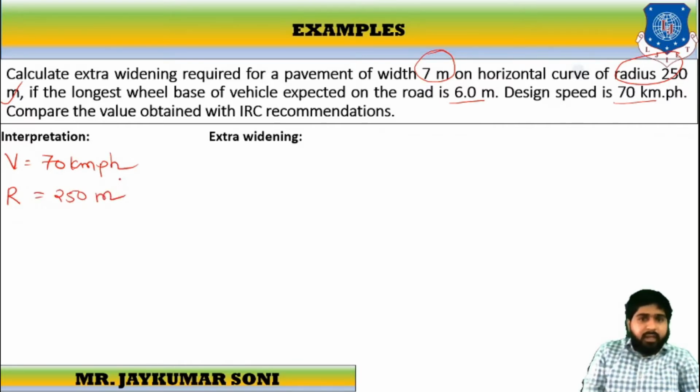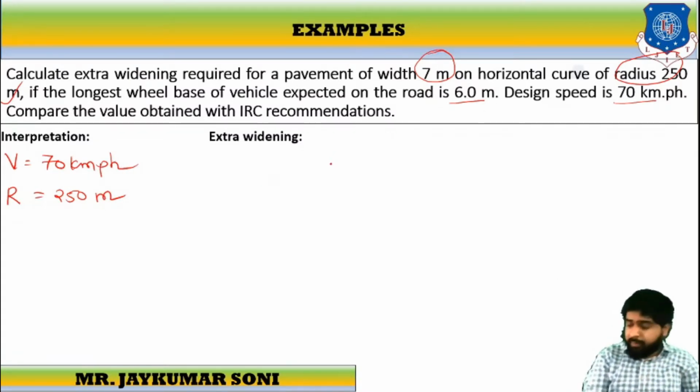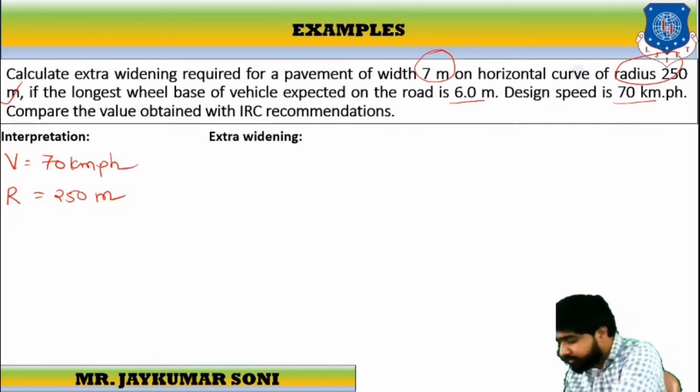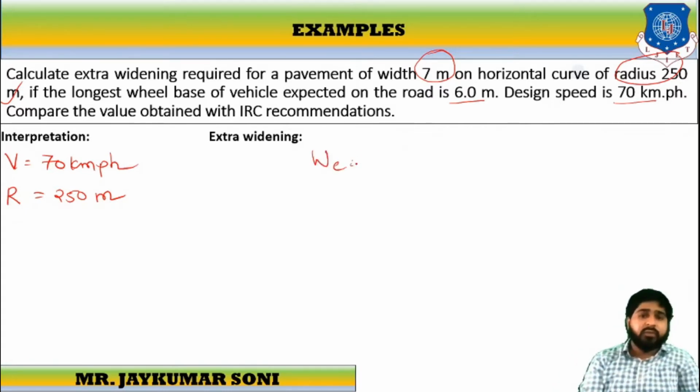250 meters. Now the equation for the pavement widening. Let me get my calculator. The extra widening equation stands for mechanical widening and psychological widening.